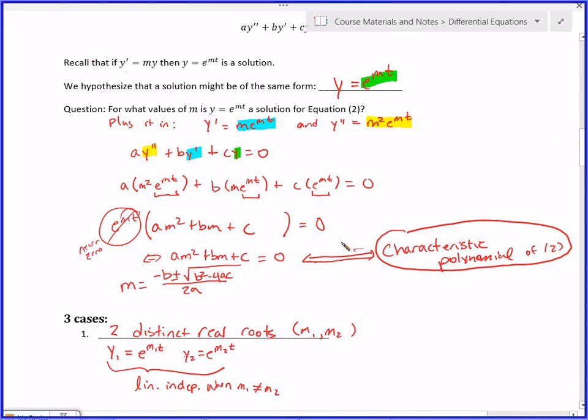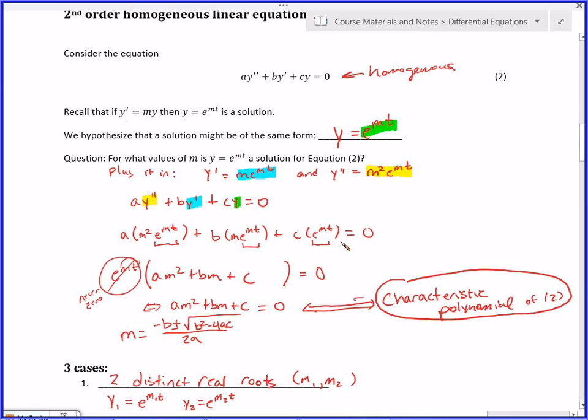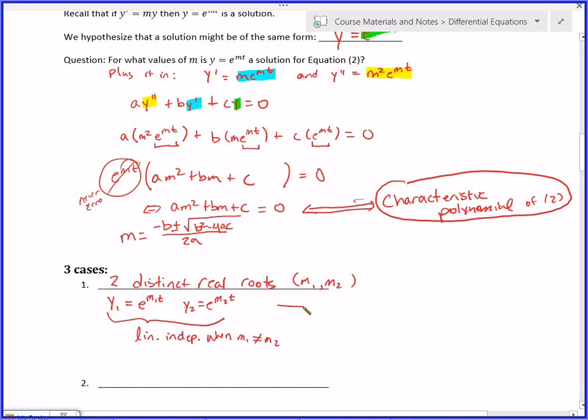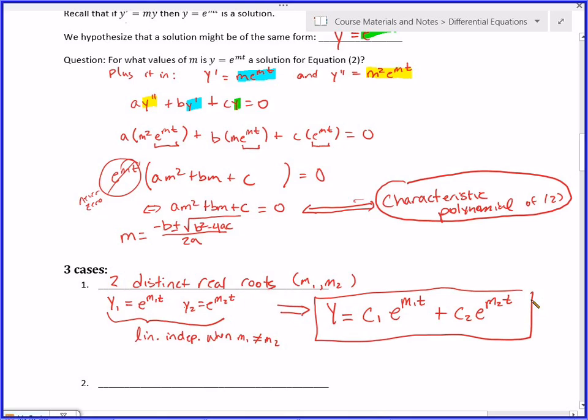And if you have 2 linearly independent solutions to a homogeneous equation, what is that set called? Fundamental. It's the fundamental set of solutions, which means then that your general solution, y, is C1 y1 plus C2 y2, and you are done.